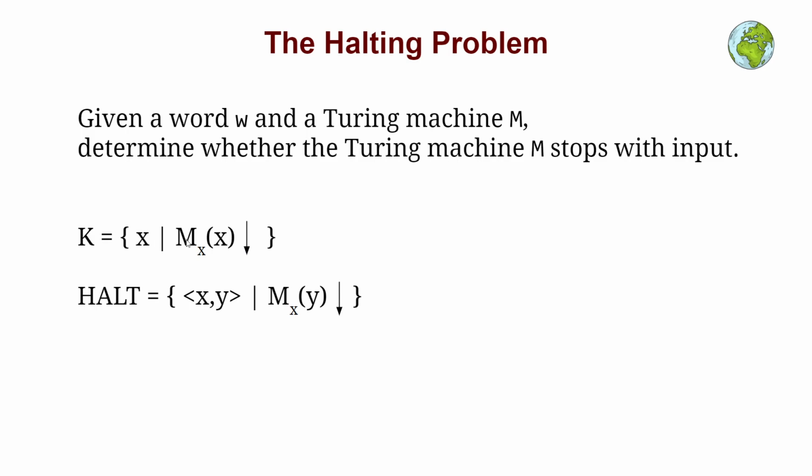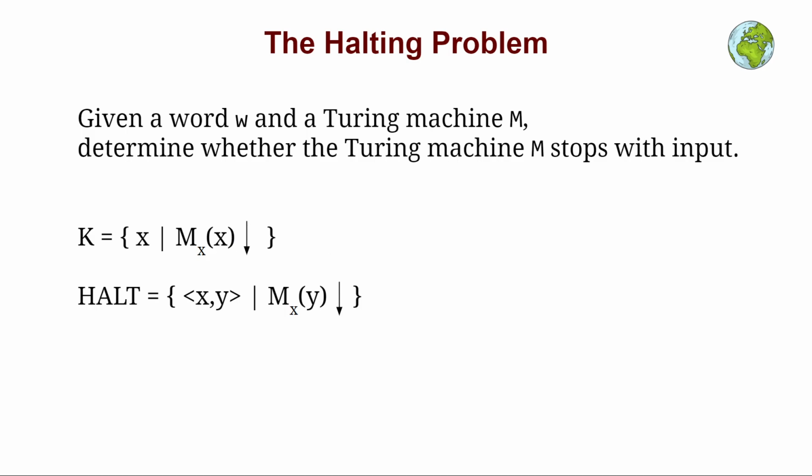This means that this program stops. So the problem K is basically the set of programs that stop with input themselves. Given an input X and the Turing machine X with input itself, which is X, then this problem ends.